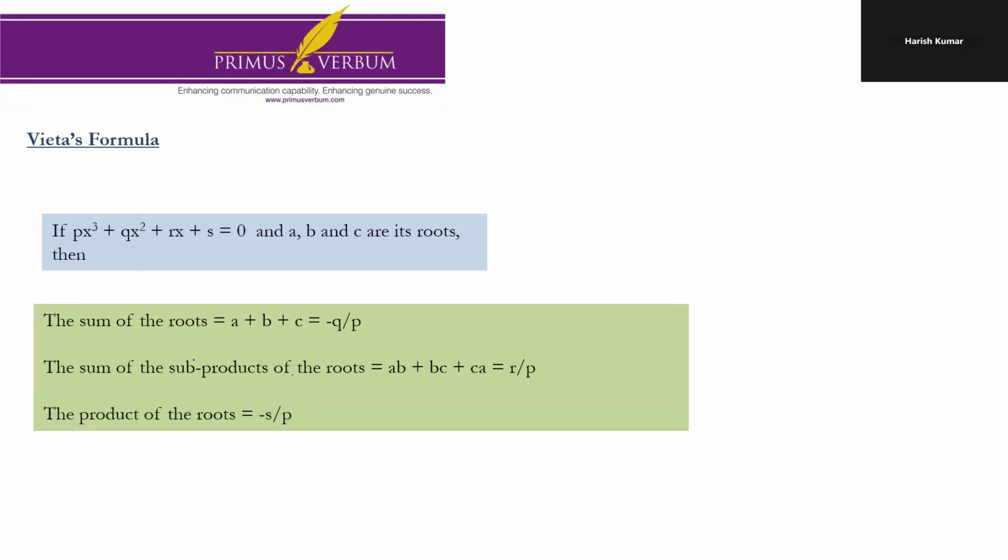The sum of the subproducts of the roots, AB plus BC plus CA, is given by R by P, where R is the coefficient of the linear term. And the product of the roots is given by minus S divided by P, where S is the constant term.